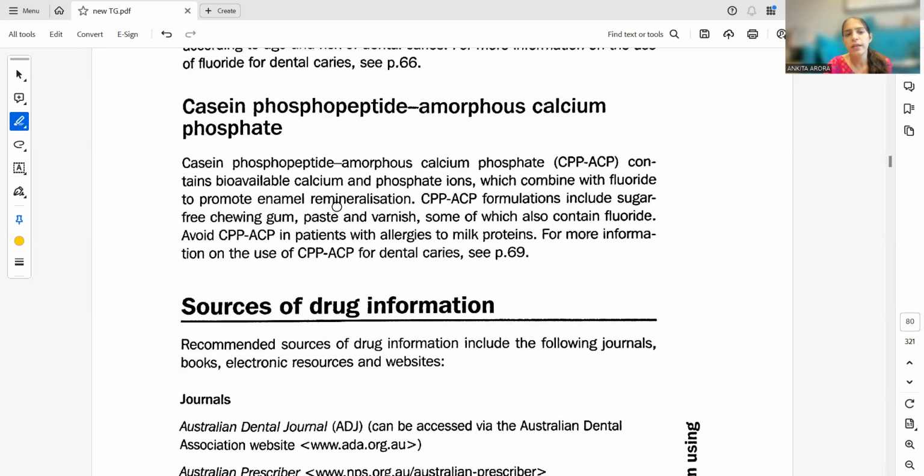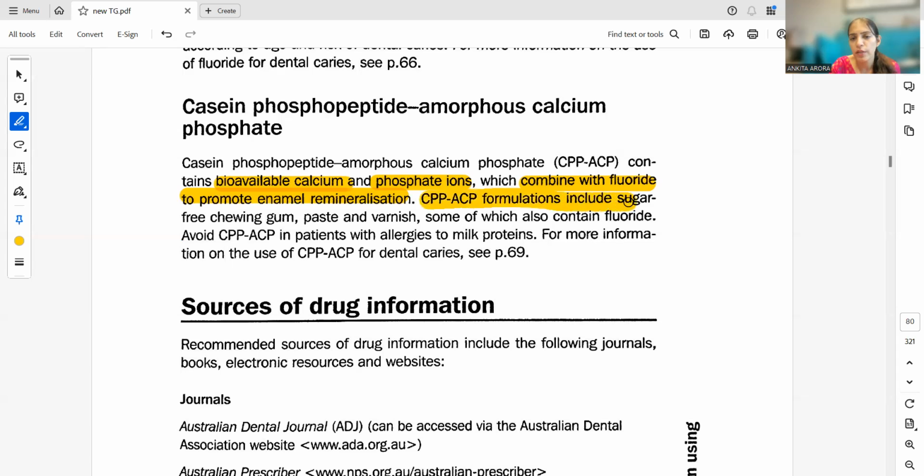Then CPP-ACP, which is named casein phosphopeptide amorphous calcium phosphate. It contains bioavailable calcium and phosphate ions, which combine with fluoride to promote enamel remineralization.